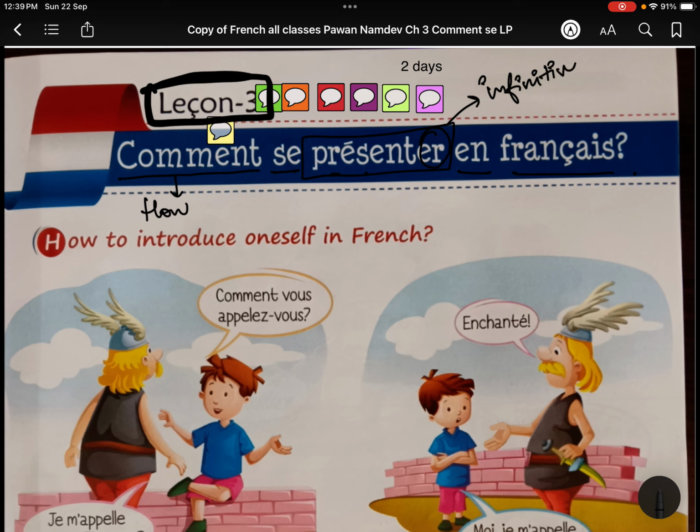Whenever these endings er, ir or re are coming in the verb, they are in their infinitive forms. Here we are having er in the last, that is why this is in the infinitive form. And the meaning of this is to present. To is just to show infinitive, to present.